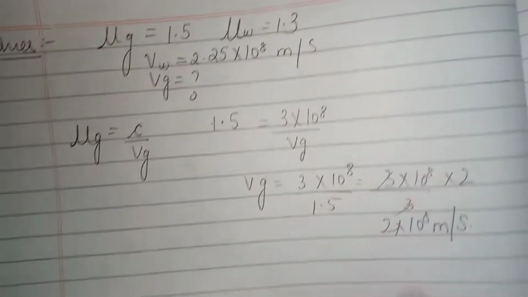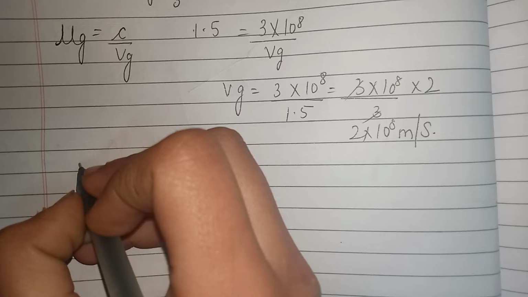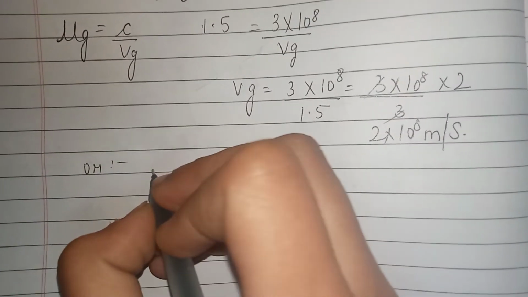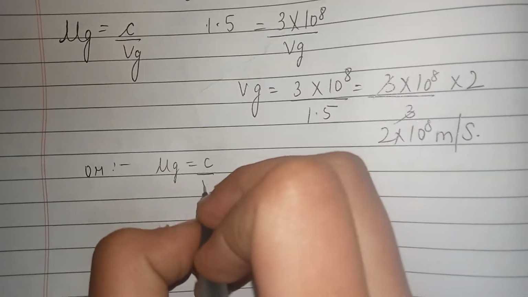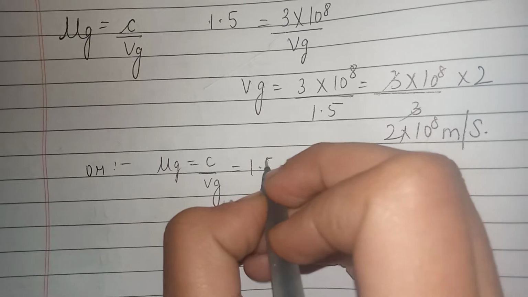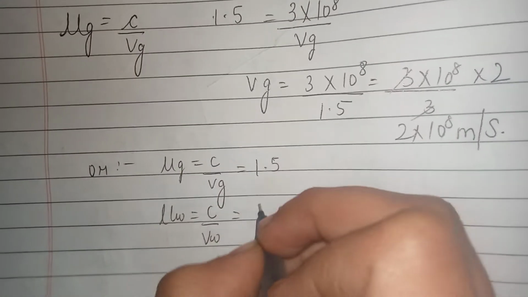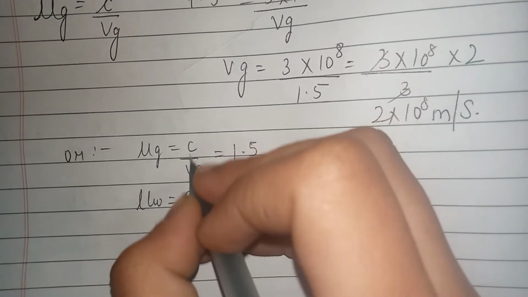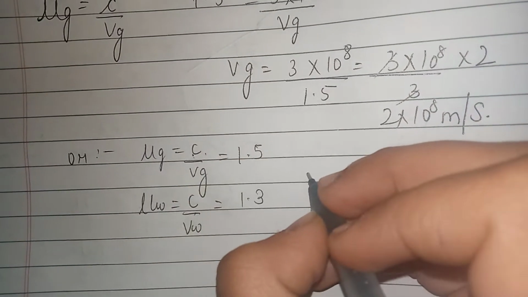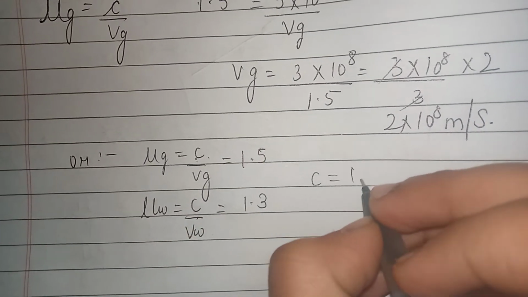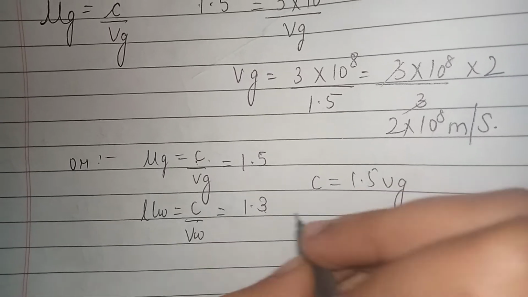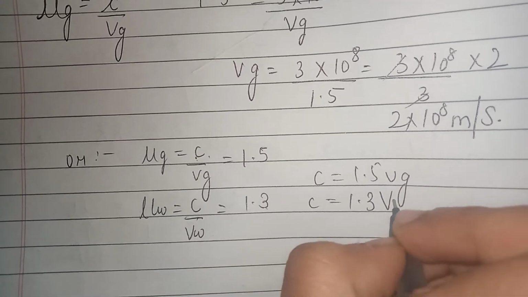This could be the method, or you can use it like this: mu G is equal to C by Vg equals 1.5, mu W equals C by Vw equals 1.3. Compare them, as C could be written as 1.5 Vg and here C could be written as 1.3 Vw.